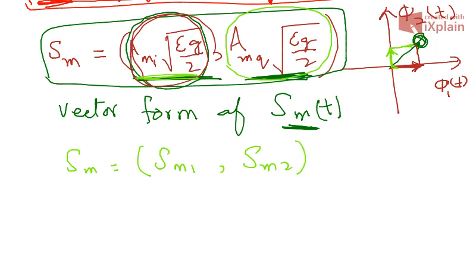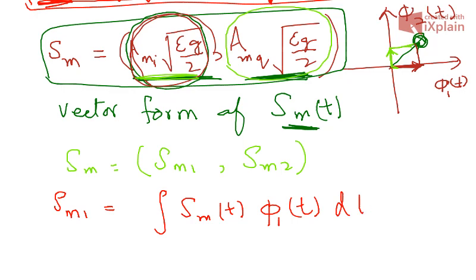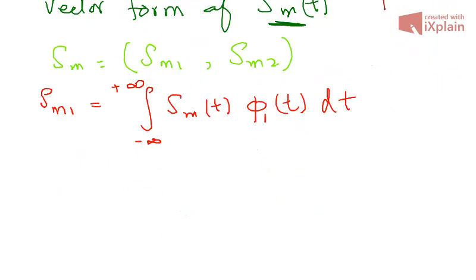Sm1, the image of Sm of t over psi 1, we can always find using the dot product of Sm of t with phi 1 of t. Sorry, I said psi 1, it's actually phi 1 of t. We integrate from minus infinity to plus infinity.